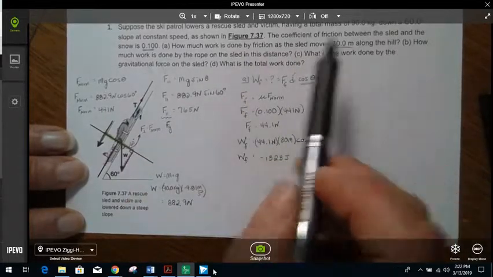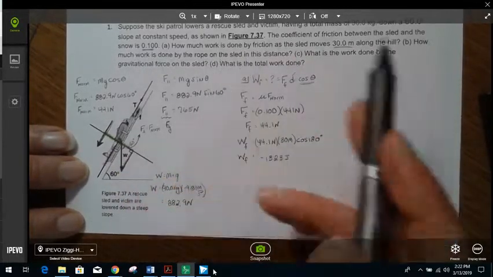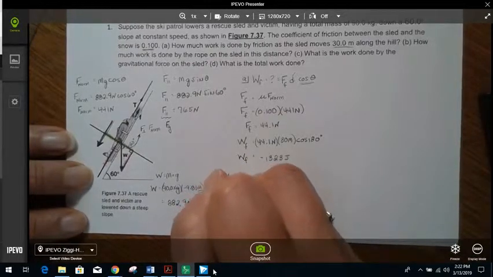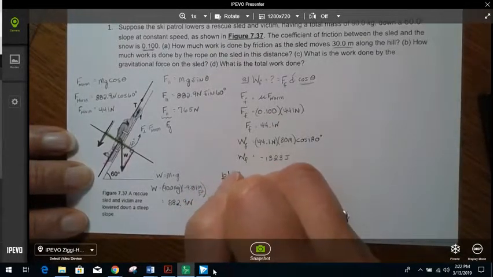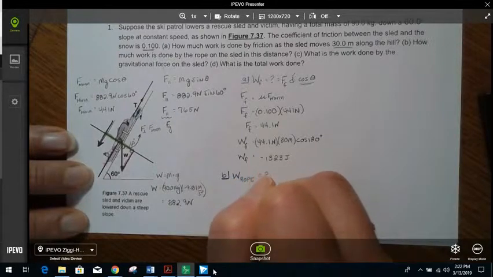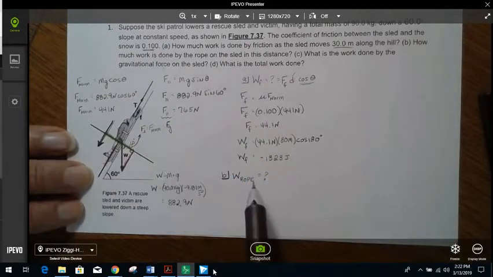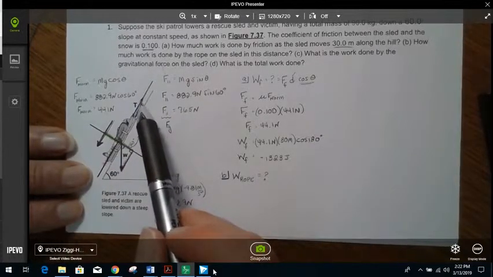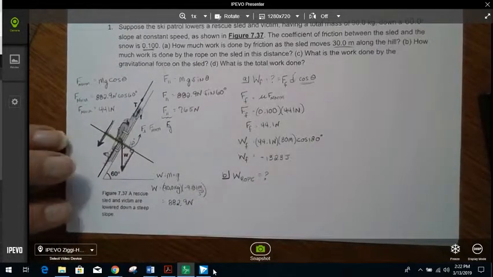B asks us how much work is done by the rope on the sled. So B is saying, what is the work done by the rope? Okay, well, the work done by the rope is equal to this tension force here.